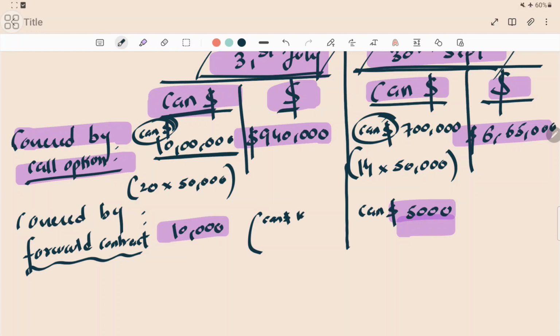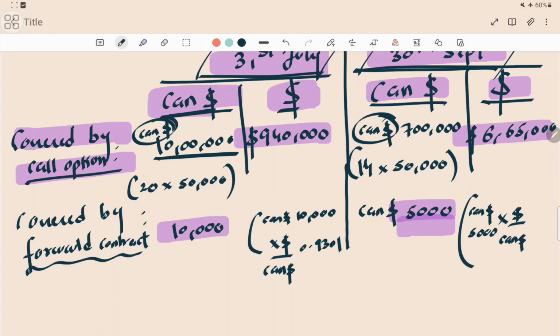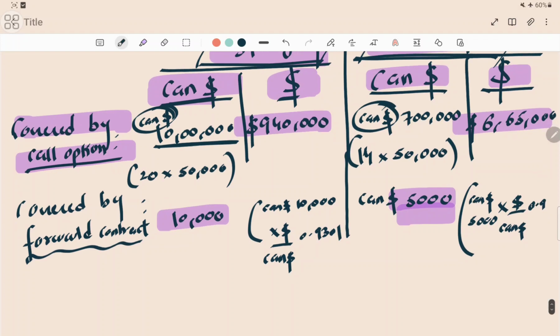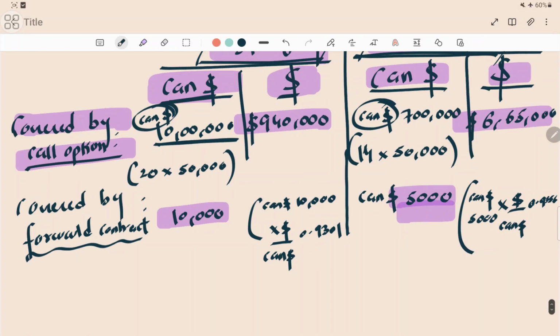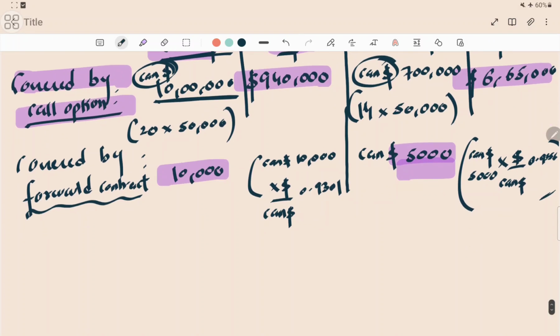Canadian dollar 10,000 into dollar by Canadian dollar 0.9301, and this is Canadian dollar 5,000 into dollar by Canadian dollar 0.9356, it was the 3-month forward rate from the question itself. Okay, so let me do a line here and we get these answers here. Okay, let's do this.